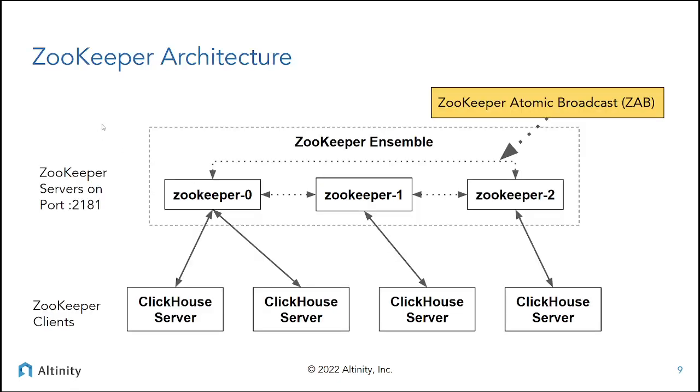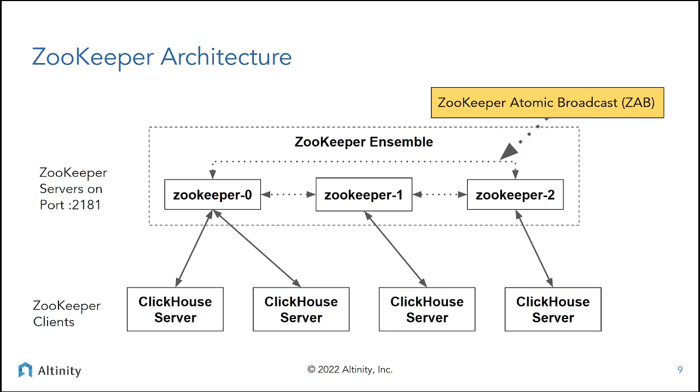So here's the basic architecture of Zookeeper. In a production system, we'll typically have 3 nodes. They run on separate machines, and these are the host names, Zookeeper 0 through 2, and they all talk to each other using something called the Zookeeper Atomic Broadcast Protocol.